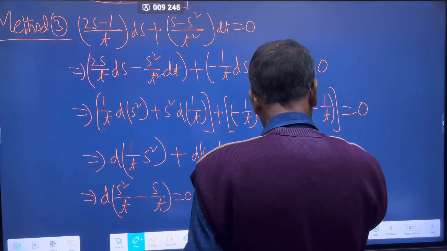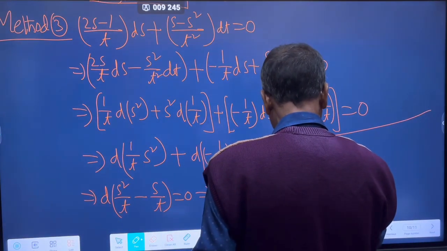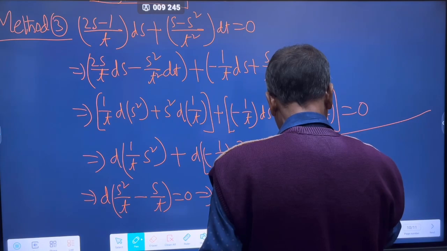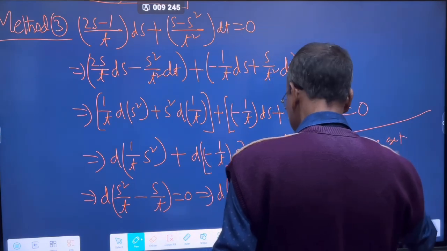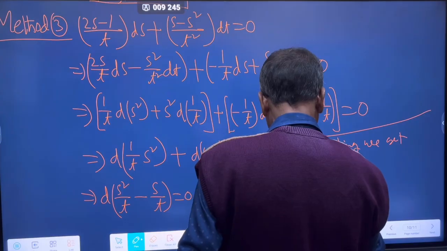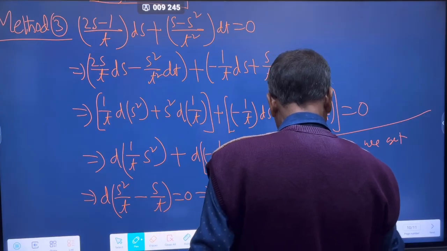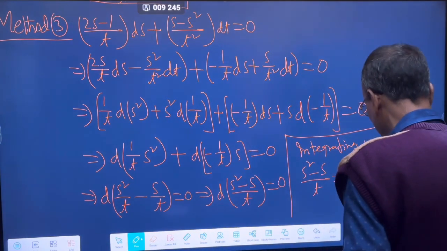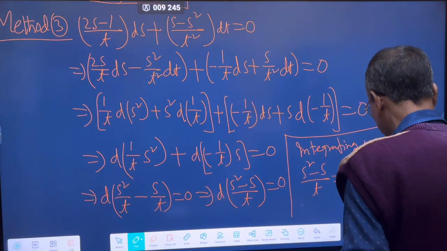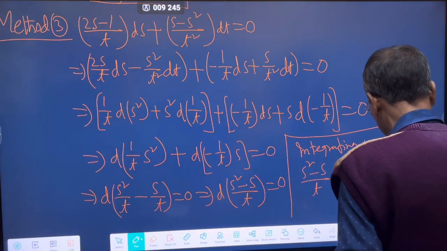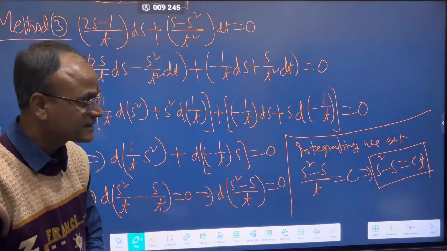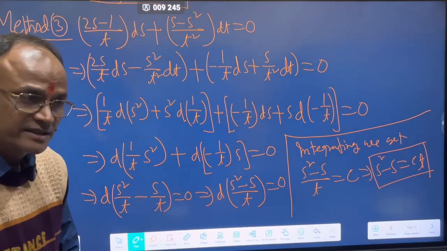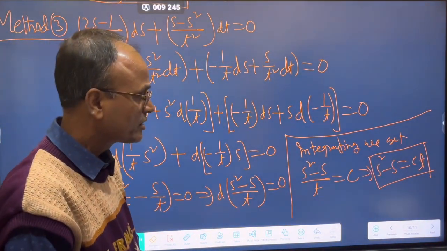Integrating, we get (s square minus s) by t equal to constant. This means s square minus s is equal to ct. This is the solution of the differential equation.